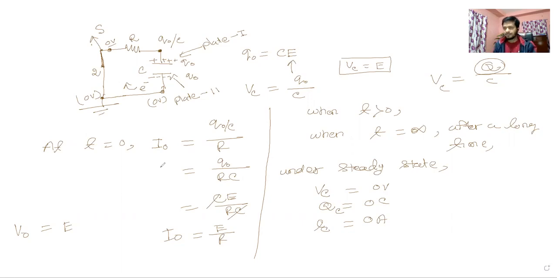Now the question is, what happens between the initial state and steady state? That means what happens when the time is greater than 0 and less than infinity. Okay, we'll analyze that.